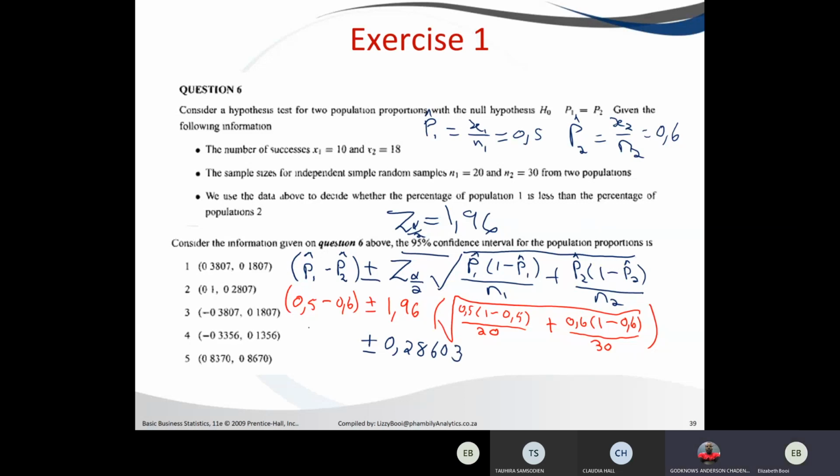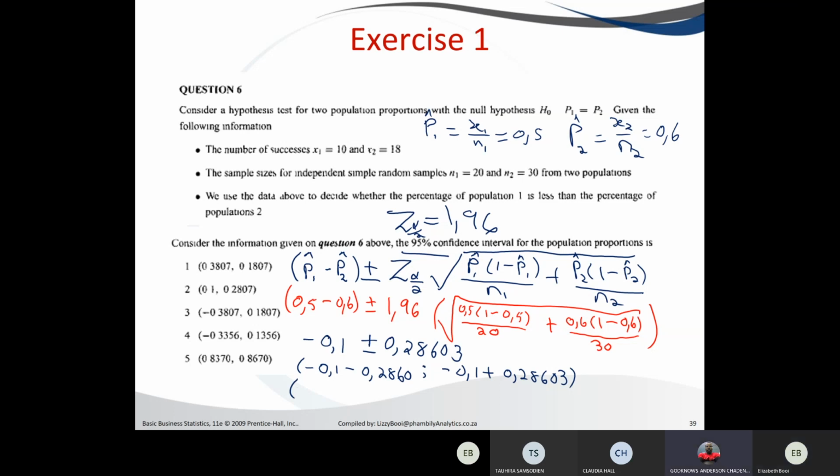And then on the other side? Minus 0.1 minus 0.28063, and on the other side, minus 0.1 plus 0.28063. And your confidence intervals are?